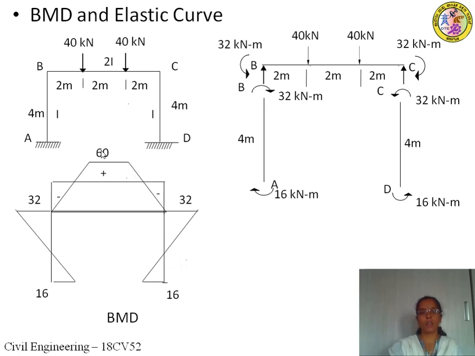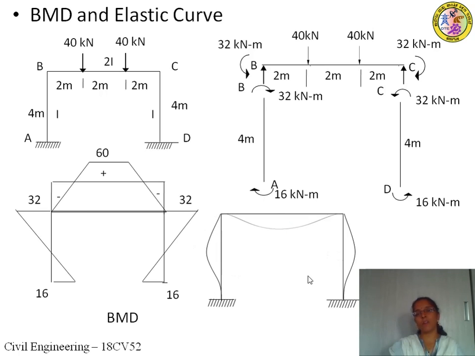Please make this 80 kilonewton meter. Next, to draw the elastic curve, consider the basic structure with the supports. At mid span the sagging bending moment will be dominating, and at the supports the hogging bending moment will be dominating.